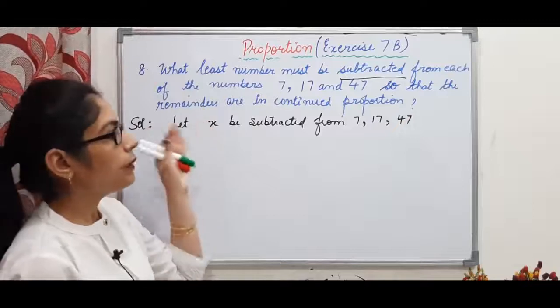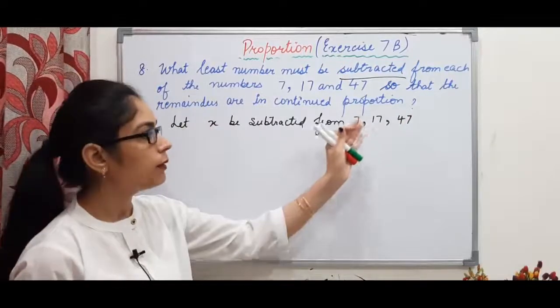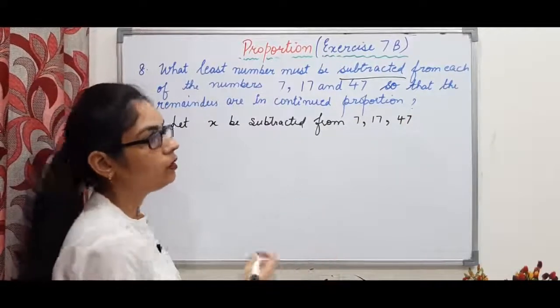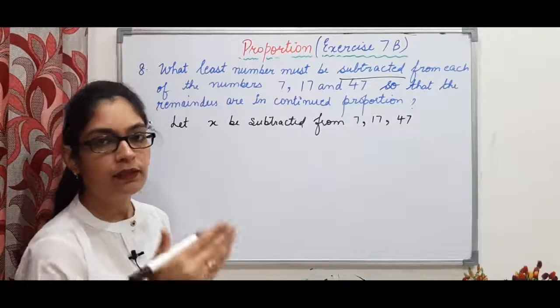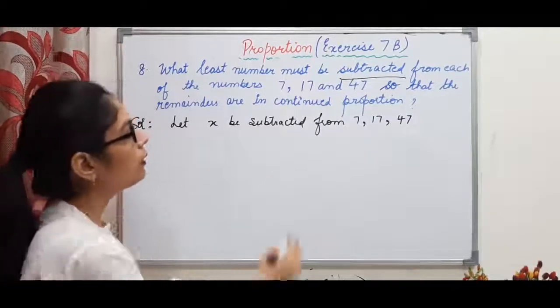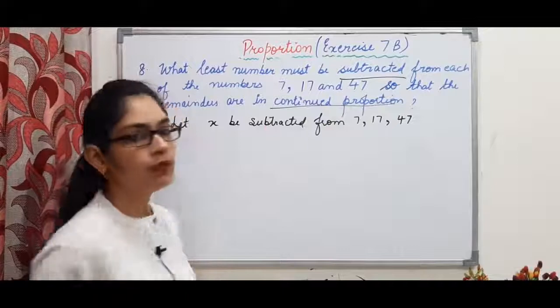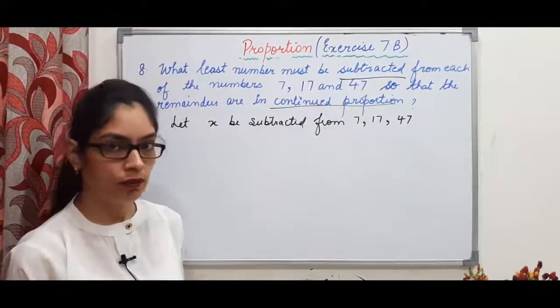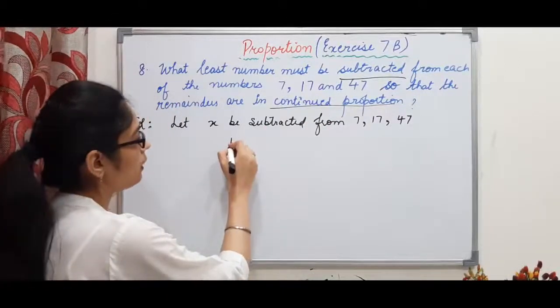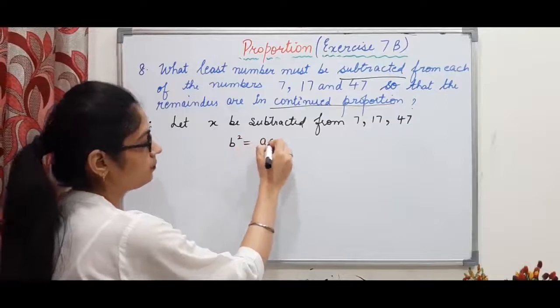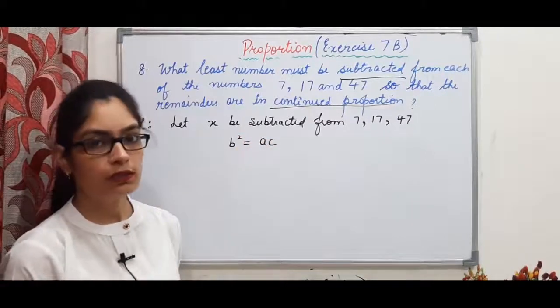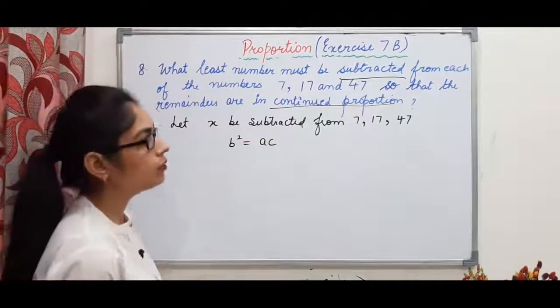So that the remainder, means after subtracting x from these numbers, whatever numbers we get, those numbers will be in continued proportion. See, for continued proportion we have the formula that b square is equal to ac. We will use that formula and find the value of x.